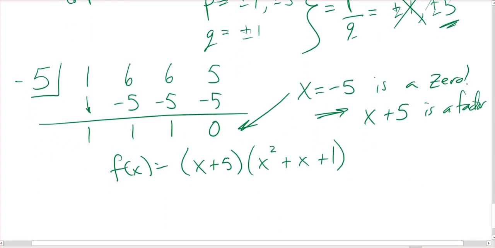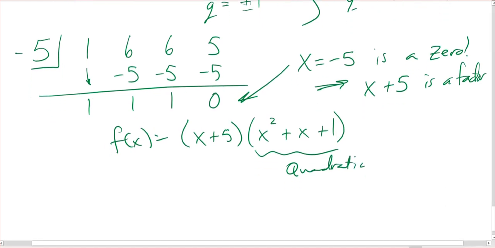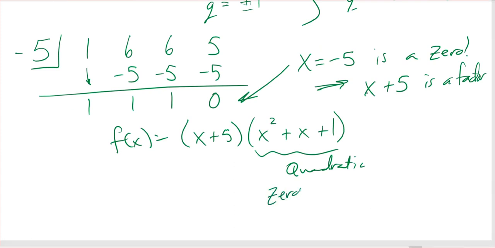Okay, so now what? Now that we have a quadratic, we can find the remaining zeros. It's just the quadratic formula. We're solving x squared plus x plus 1 equals 0.